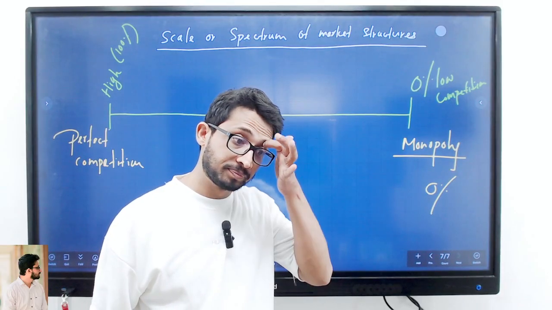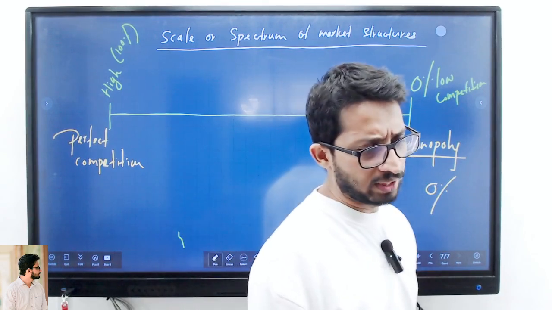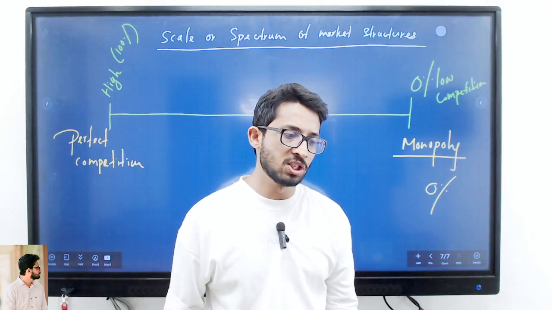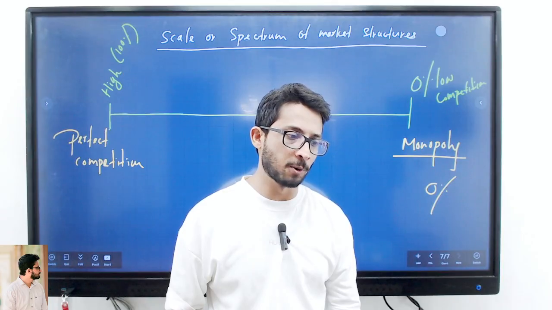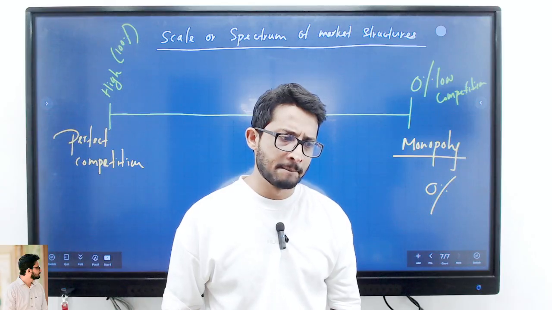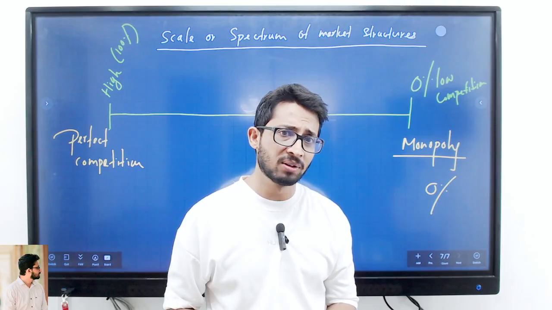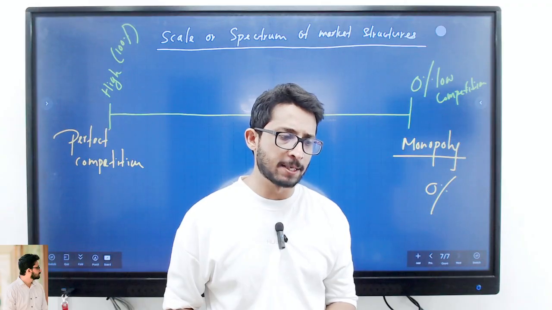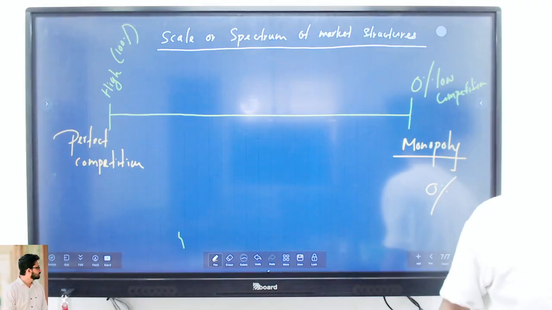So, tell me, is it good or bad, having a monopoly? Can we accept zero competition in the market? Consumers can be exploited. Consumers don't have any close substitutes. From the consumers' point of view, or from the economic point of view, is it good or bad, positive or negative? Negative.